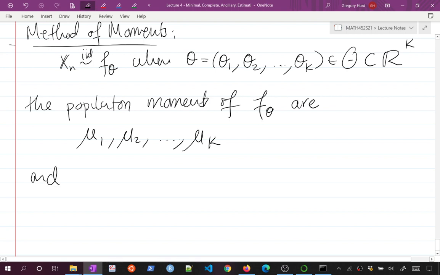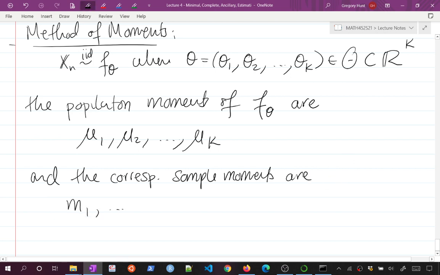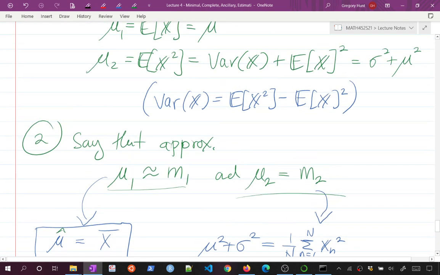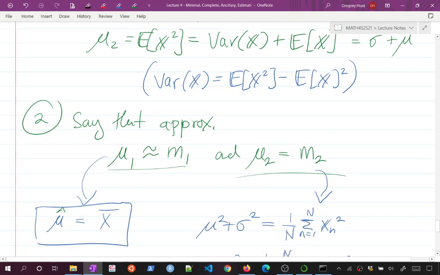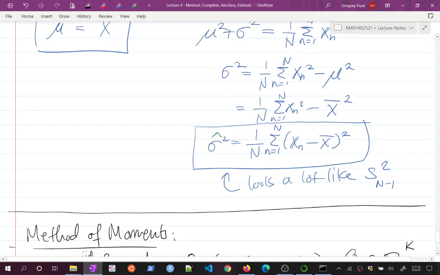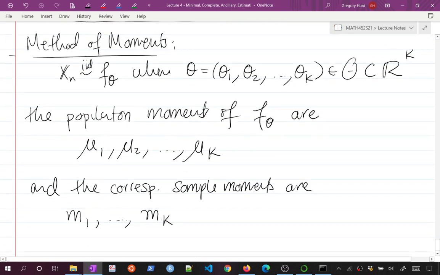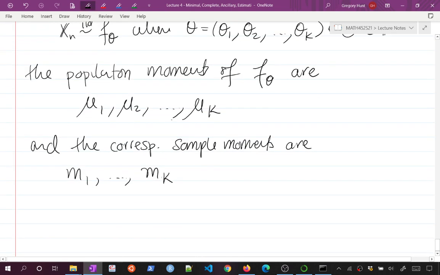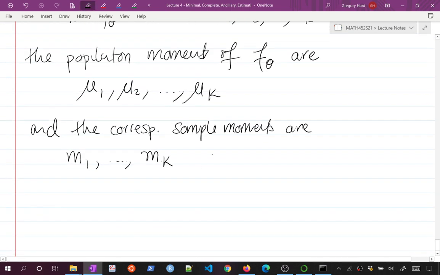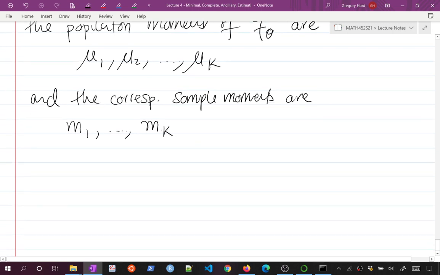And the corresponding sample moments are, let's again call them m1 up to mk. You'll notice in the previous problem I had mu1 and m1 and mu2 and m2 because I had two unknown parameters. But generally, if we have k unknown parameters, I'm going to look at the first k population moments and the first k sample moments.